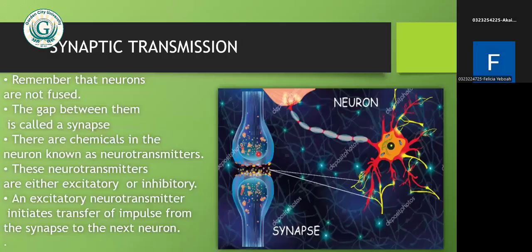Does it make sense? You should understand these statements, because you will see them in the objectives. I'm saying the presynaptic neuron would either release excitatory neurotransmitter or inhibitory, period.